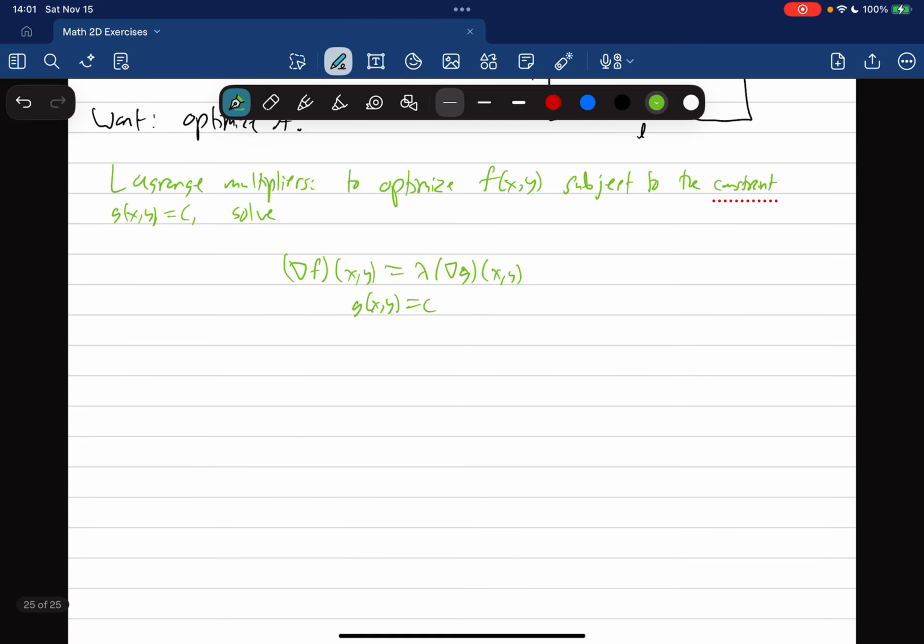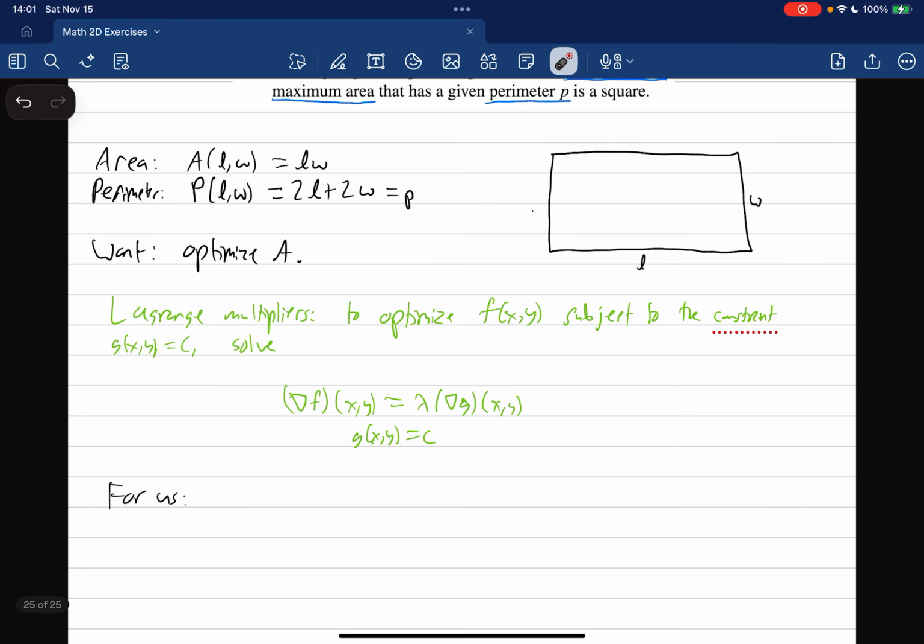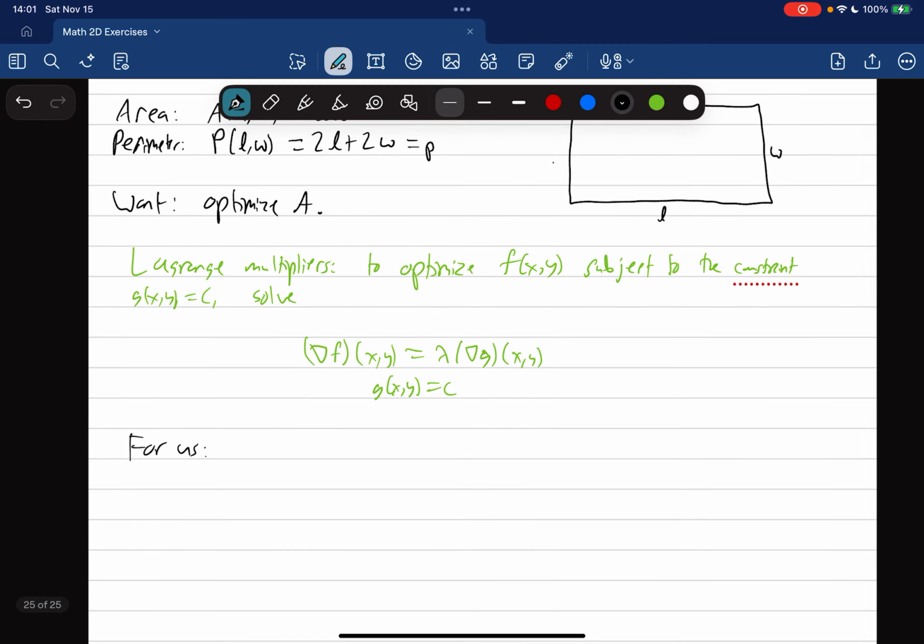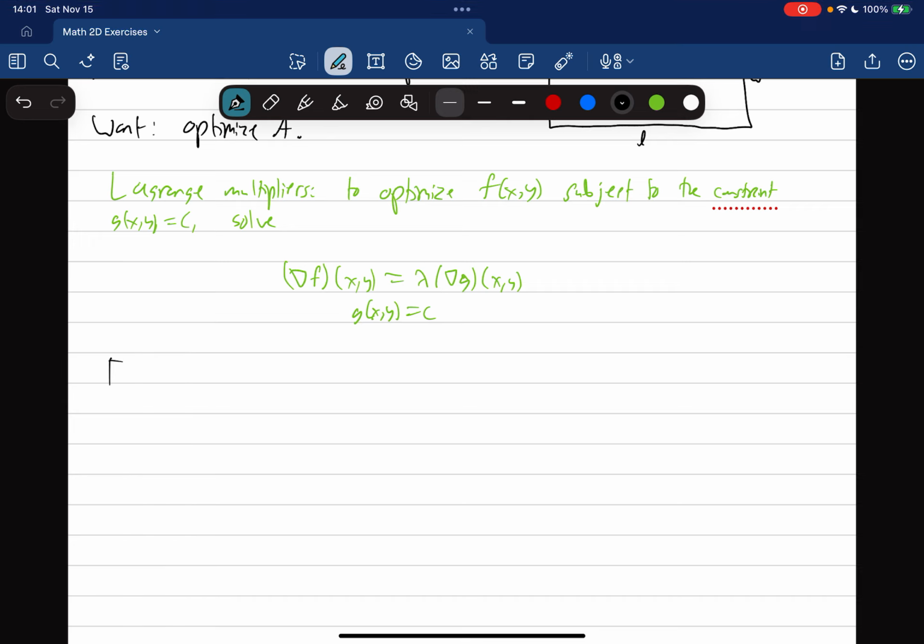And so for us, the system we're going to solve, well, we need to first calculate what the gradients of A and P are. First, let's calculate the gradient of A. That's not so bad.